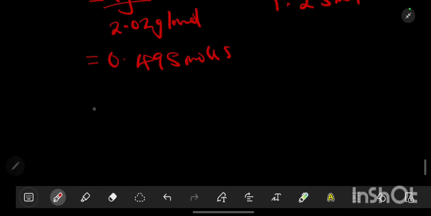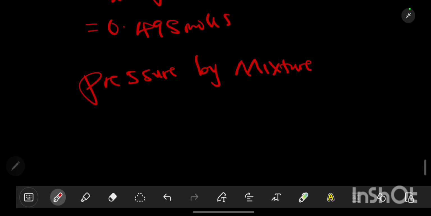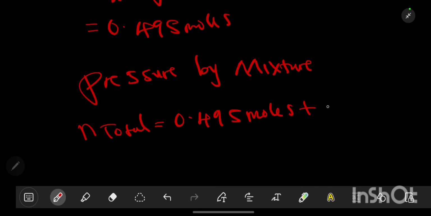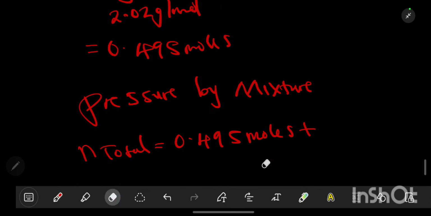To find the pressure by the mixture, we can add the two pressures. We can either solve them separately or do this. The total number of moles will be equal to 0.495 moles, plus 1.25 moles, since we want the total number of moles for a mixture.